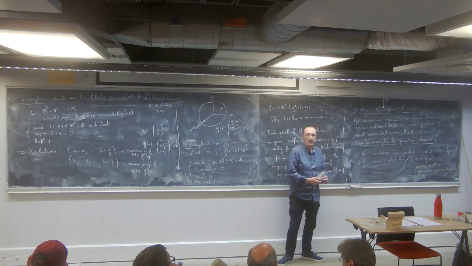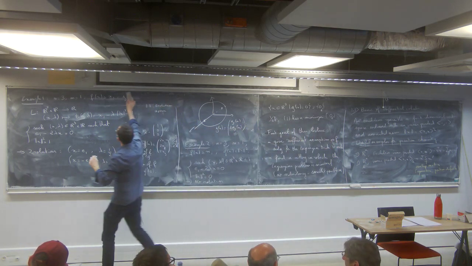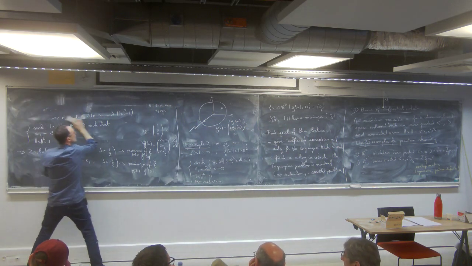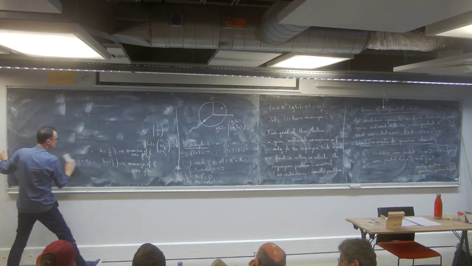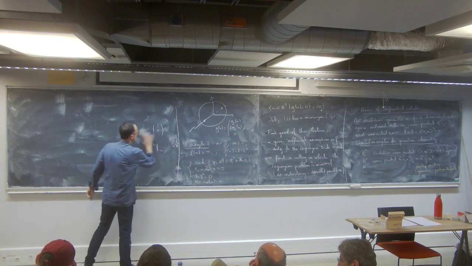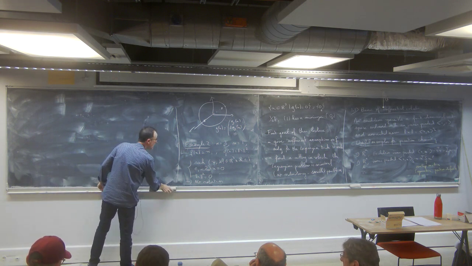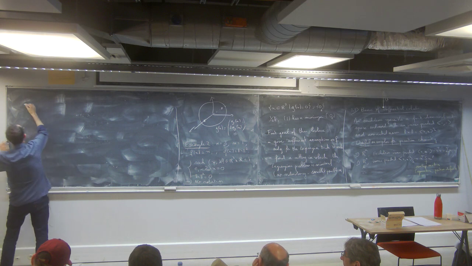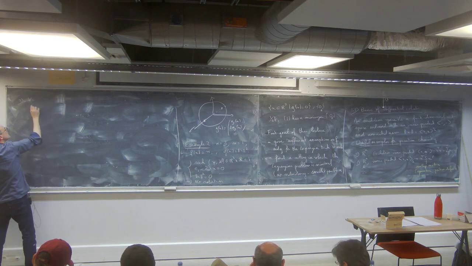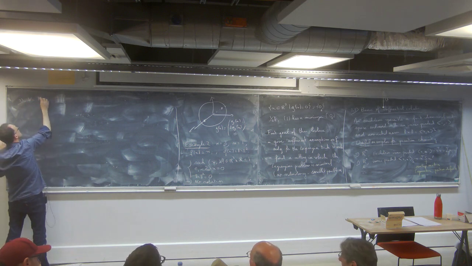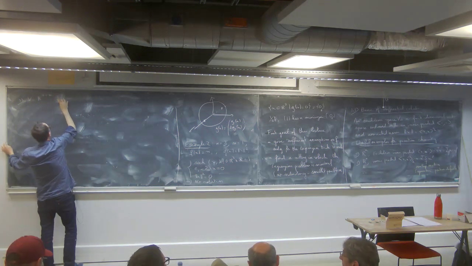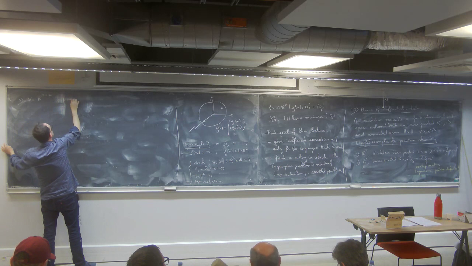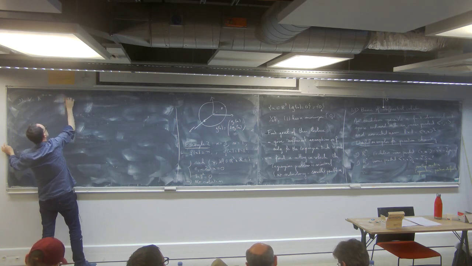Then I also have the case of matrix spaces. The third example is V equal R^{n times n}, endowed with the Frobenius inner product.